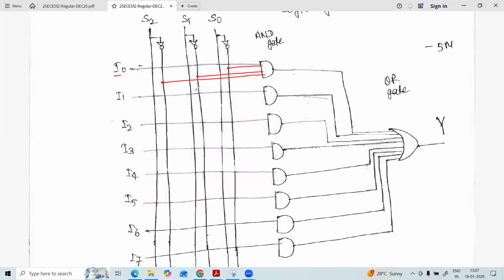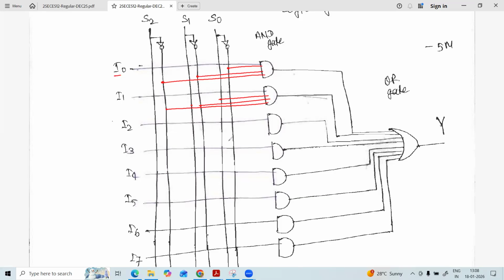Similarly for I1, what combination do we have here? That combination is 0, 0, 1, as we have written in the truth table. The remaining are 0, and this S1 is 0 here, and S2 is still 0.